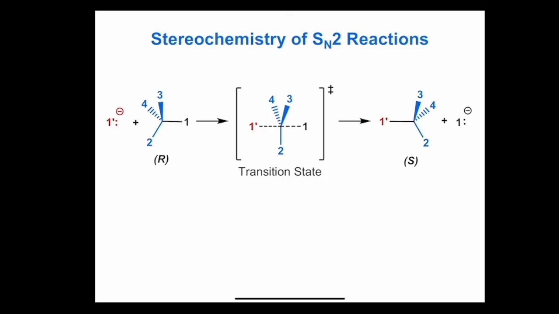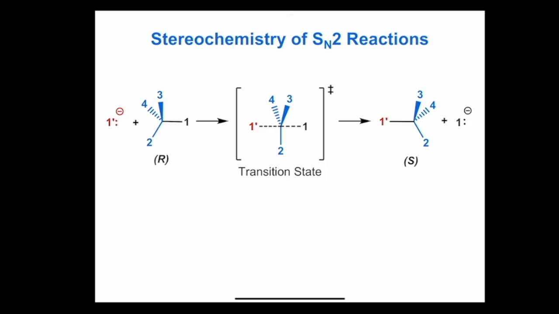The only reason we can see it is that if this is an asymmetric center, we have different priorities on the four different groups attached to that center. That gives us a signature, a mark to see that this transition has happened. If numbers 4, 3, and 2 were all hydrogens, it's happening, but it's invisible. There's no real mark to see this. It's only when there's an absolute configuration, R and S, that allows us to see that it's happening.